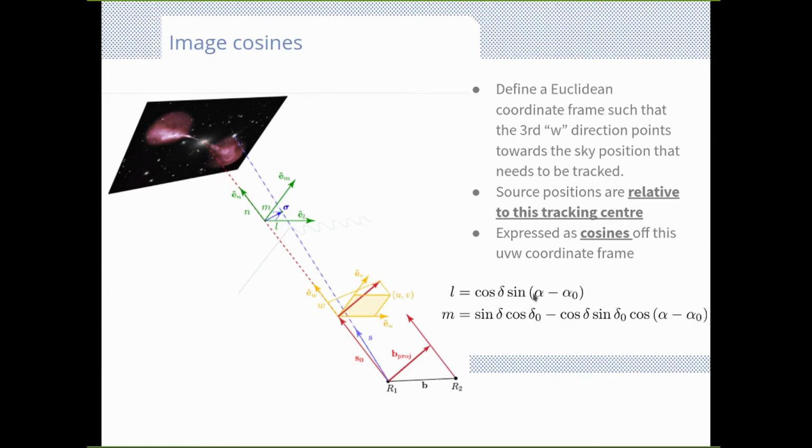That can be found out by this spherical trigonometry relationship that I've included here, which says that both the L and M cosines are functions of the declination angle and the right ascension angle. Now, the right ascension alpha naught and declination delta naught point towards the tracking center of the telescope, and alpha and delta point towards this other position on the sky, which coincides with our source.